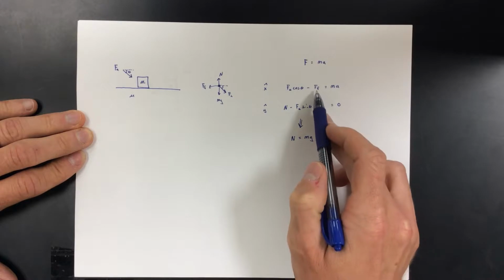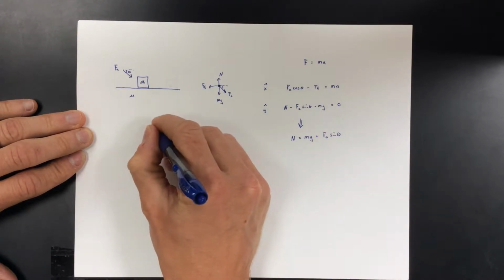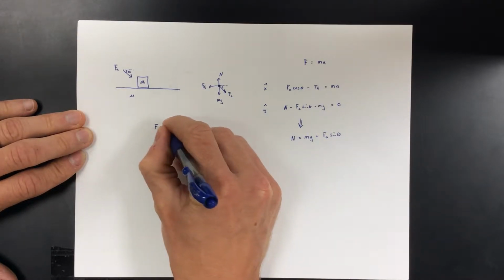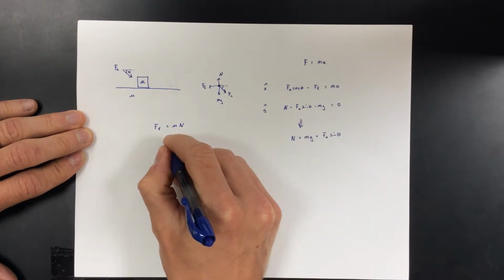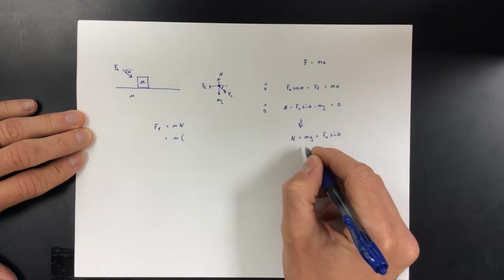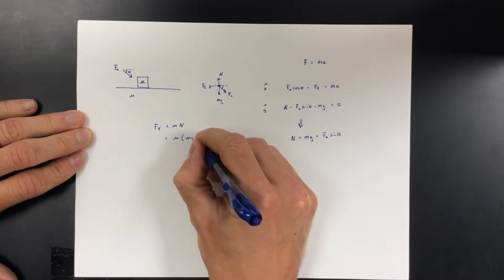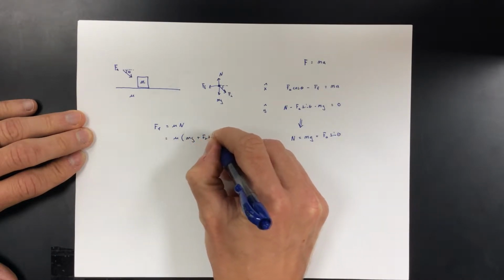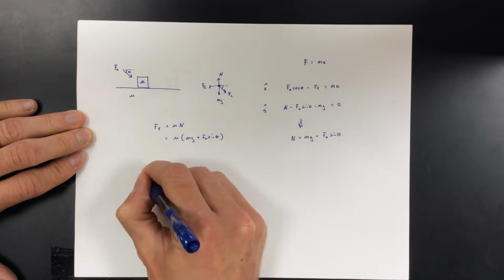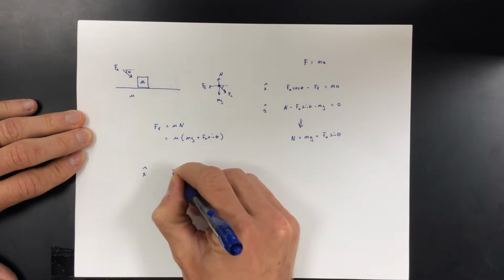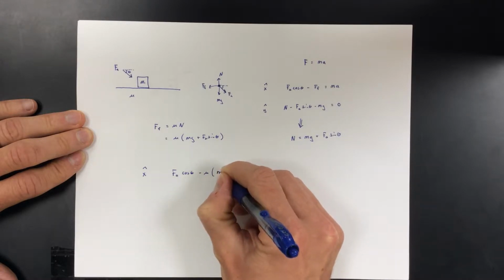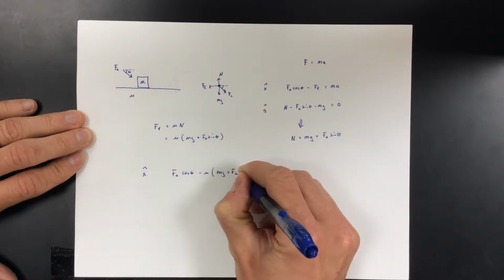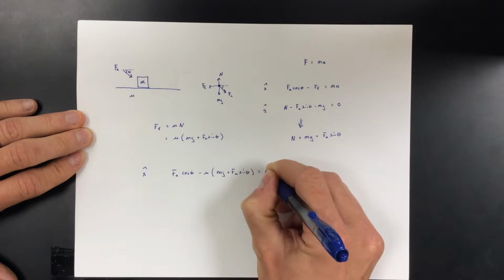And then we can use that up here because we know that the force of friction is equal to mu times the normal force. In this particular case, we know that the normal force is mg plus Fa sine theta. So really the x equation becomes Fa cosine theta minus mu times (mg plus Fa sine theta) equals ma.